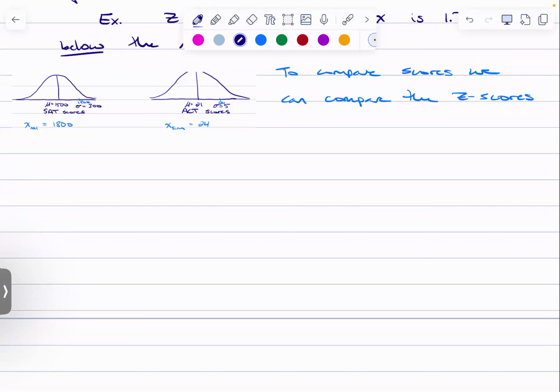And so usually, if we're comparing values from two different distributions, we use these little subscripts again, right? So I'm going to find a Z for Nell, which is going to be the score for Nell, minus the mean of the scores that she came from, the SAT scores, over sigma.